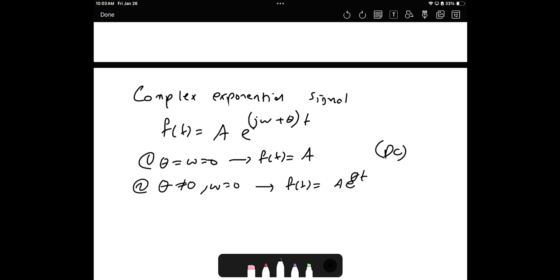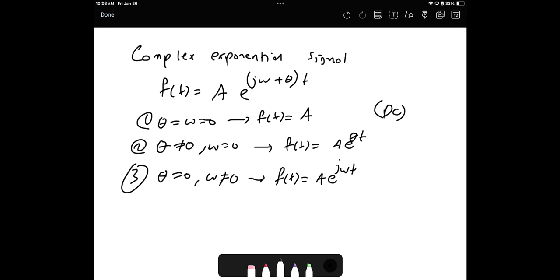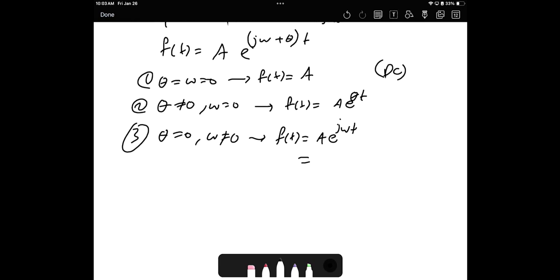So it will be a real number, function of time. Now, case number 3, when theta equals 0, but omega does not equal 0, this yields f of t equals a e power j omega t, and we can use Euler formula to see it as a cosine omega t plus j sine omega t.